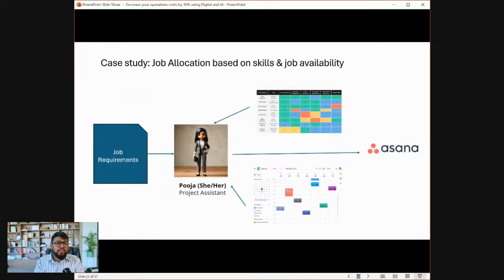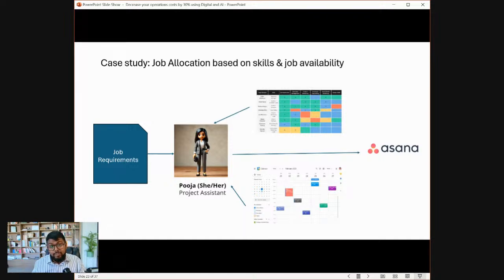Another very interesting one that we did was for an organization that had multiple people who were skilled in multiple things. Whenever a complicated job comes up, the project manager would need to sit with HR and team members to identify what resources or skill sets are required for the project, then refer back to either their memory or their skill sheet to see who from the team is able to work on it, and then check their availability.